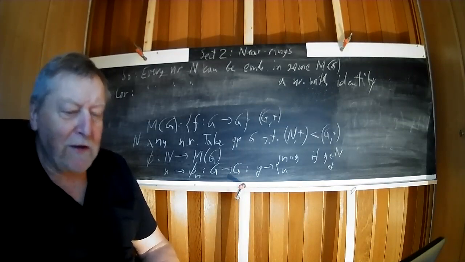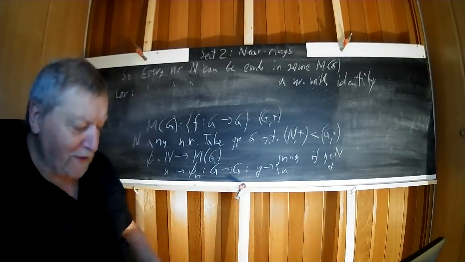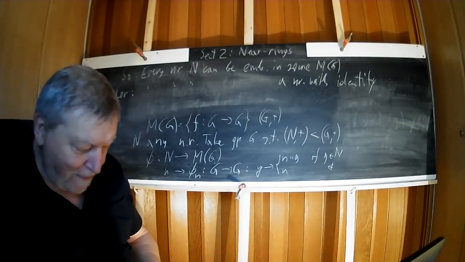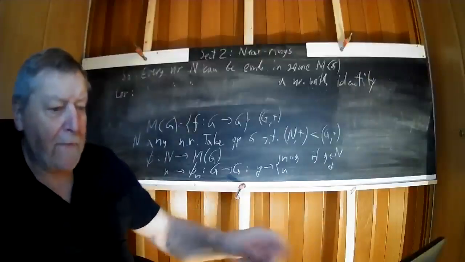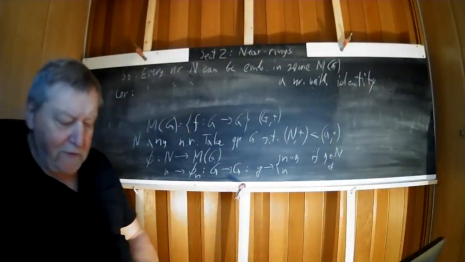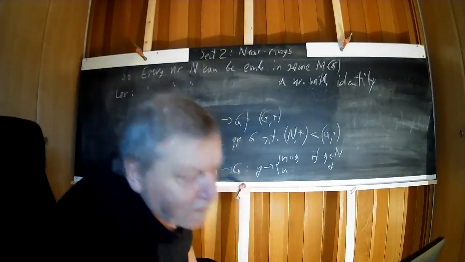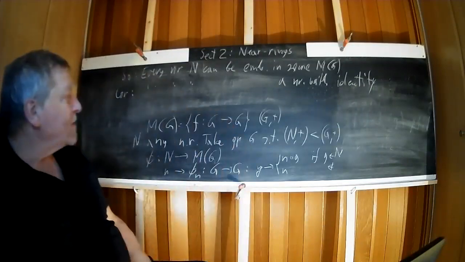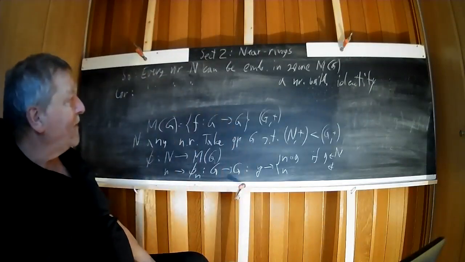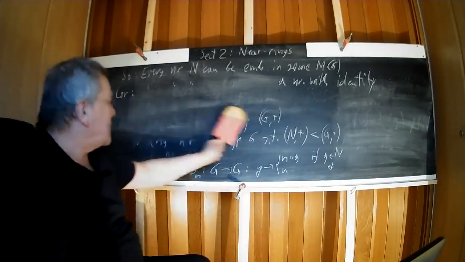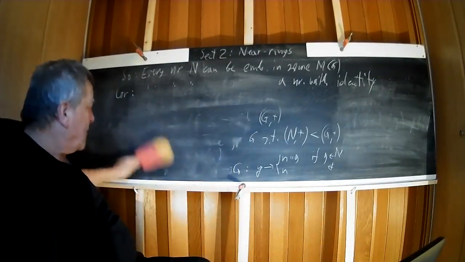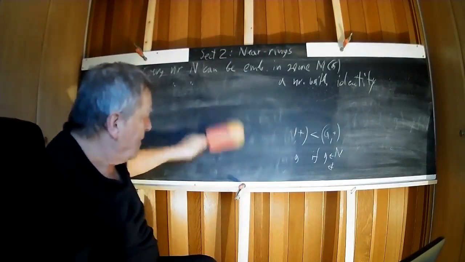So it's really rather rare for nearings to have an identity. Something which inevitably has to come in the case of elementary theory of algebraic structures is the thing with the substructures.